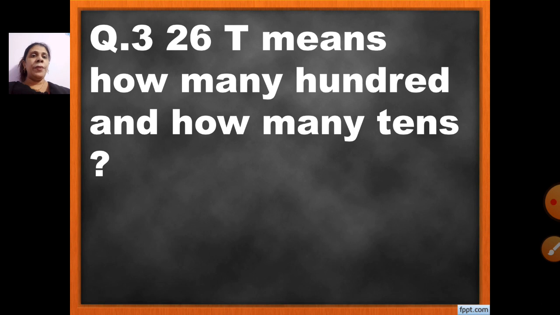Question number 3. 26 T. T stands for tens. So 26 tens means how many hundreds and how many tens?